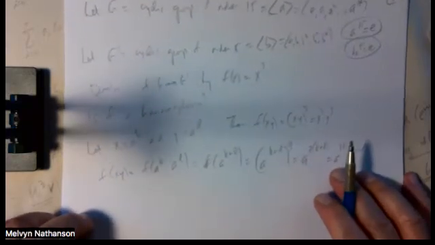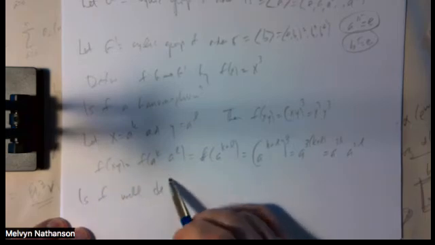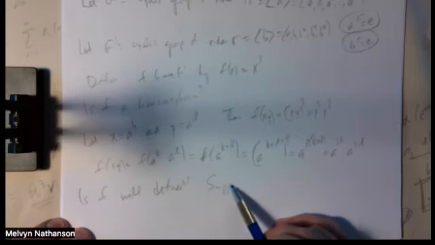Maybe let's just see that f is well defined. Is f well defined? So we have that a to the m equals a to the n if and only if m and n differ by a multiple of 15, if and only if m is congruent to n mod 15.